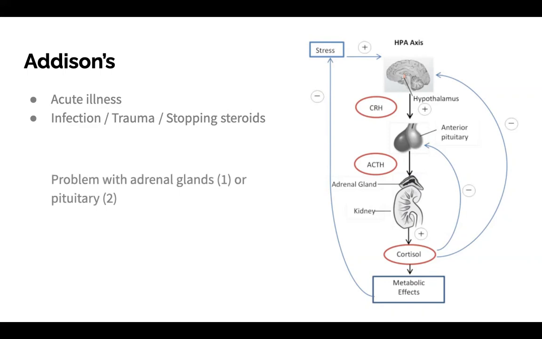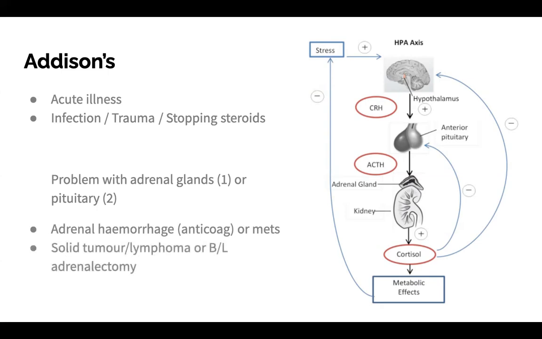The patient will usually have an underlying problem with either the adrenal glands, which is known as primary Addison's disease, or with the pituitary, which is secondary Addison's disease. Primary Addison's disease usually is because of a hemorrhage if they're on anticoagulation, or it might be to do with metastases within the adrenal glands, or just a tumor.